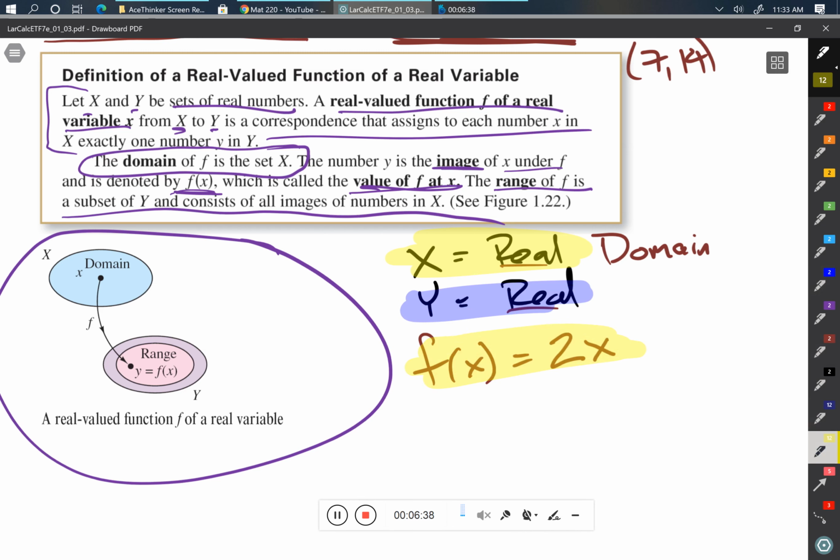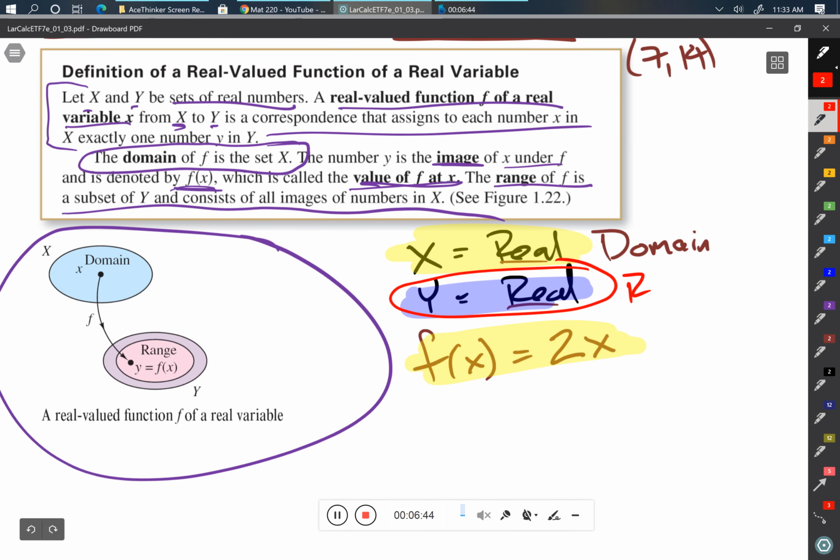Now, I would be wrong to say that this entire set is the range, because it doesn't have to be. We could miss some numbers and that would be okay. Now in this example, the range is the complete set Y, because you can find any real number and find the x that would get you to it.